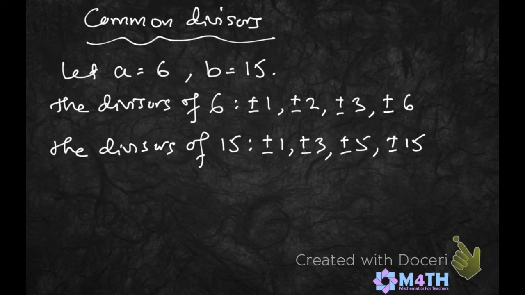We have only 4 divisors, or 8 together with the negatives, of 15.